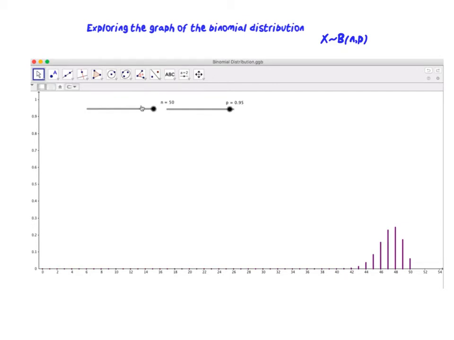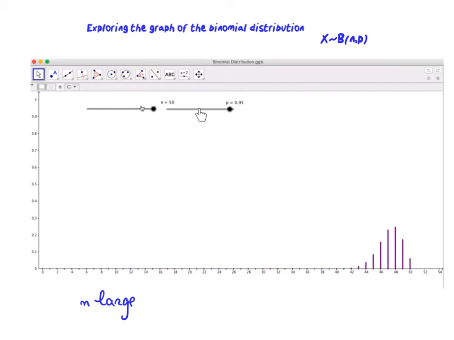So the question arises, what are the conditions when I can estimate a binomial distribution by a normal one? It is clear for our movie that n needs to be large. But how large does it have to be? Because in the case when n is 50, there are some extreme values for p when that doesn't resemble a normal distribution.